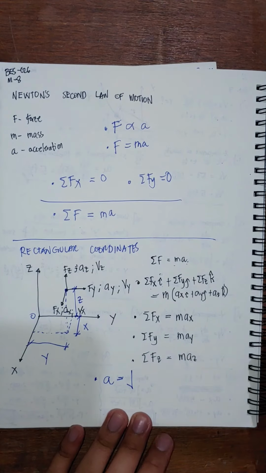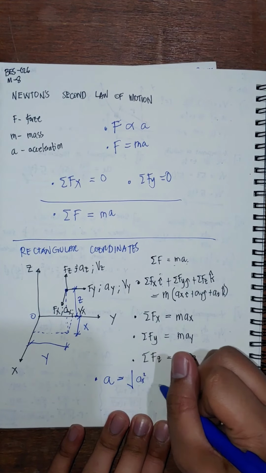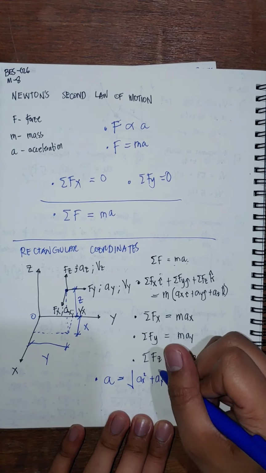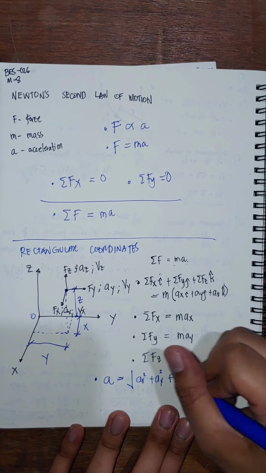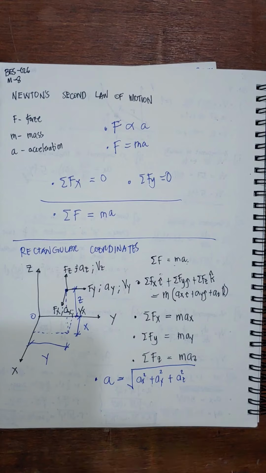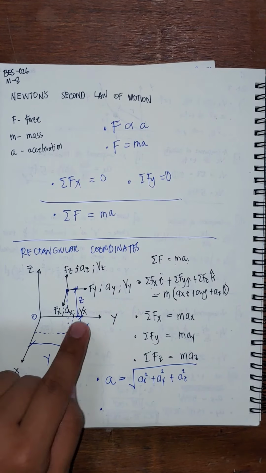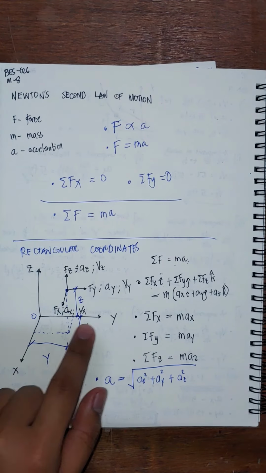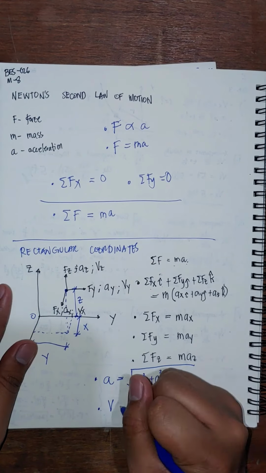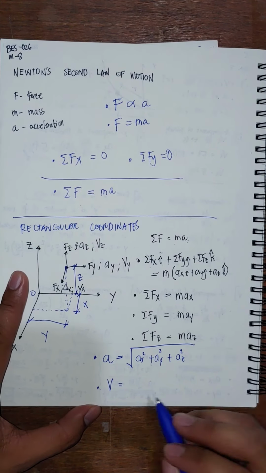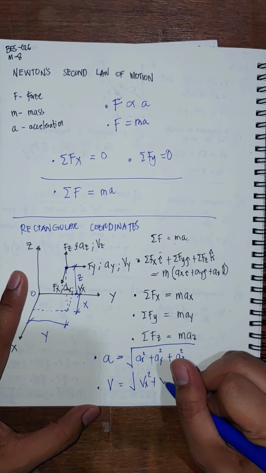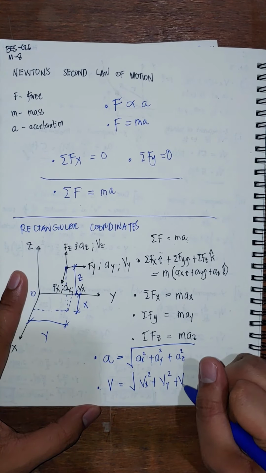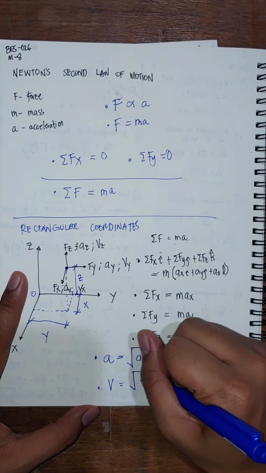So we can have ax squared plus the square of the acceleration along the y component, and then the square of the acceleration along the z component. So this is the magnitude of the acceleration. Since our velocity also has x, y, and z components, then we can also have the magnitude of velocity equal to, same thing here, vx squared plus vy squared plus vz squared.